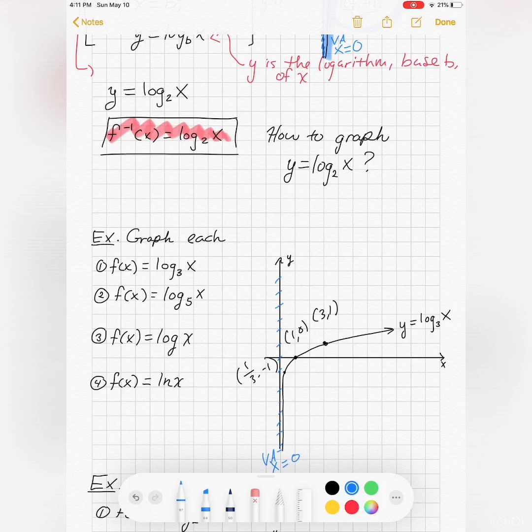Okay, what about log base 5? That's going to be really similar, right? Then I'd have 1, 2, 3, 4, 5, 1. I'd still have 1, 0, and then I'd have a fifth, negative 1. Something like that.